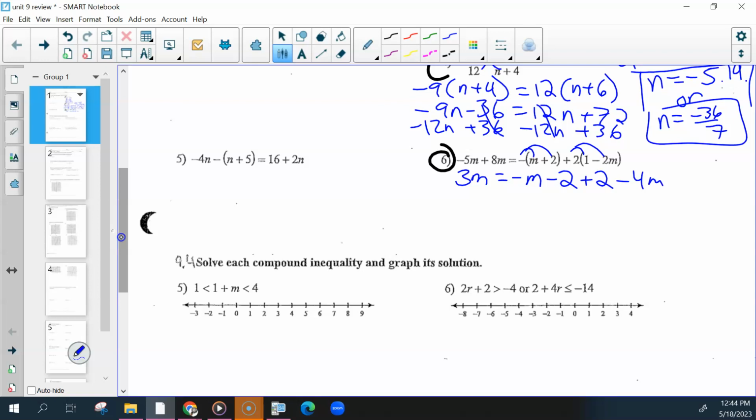What confused me with this one was that after you did all that, you just get negative 3m equals -5. And then where do you go? Your goal is still to get all the variables on one side, so either subtract 3m or add it. And then solve.